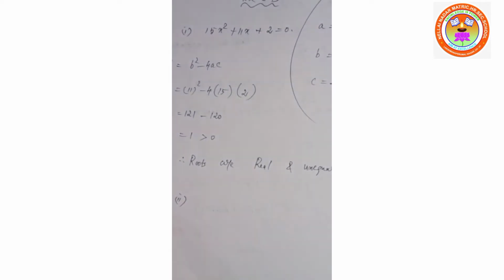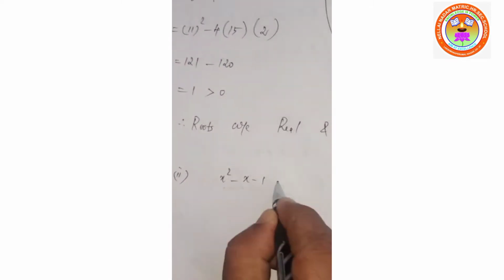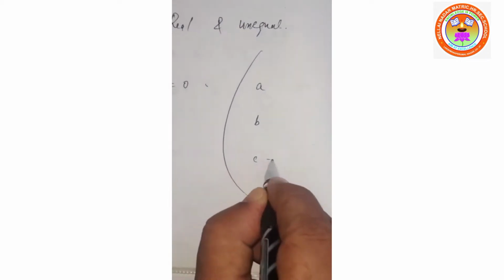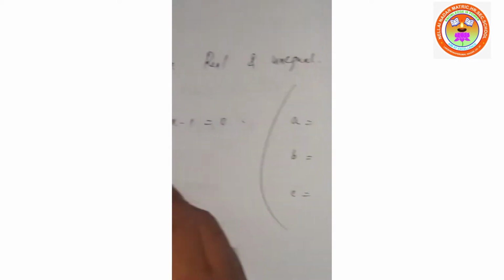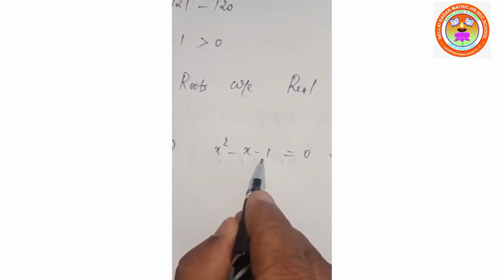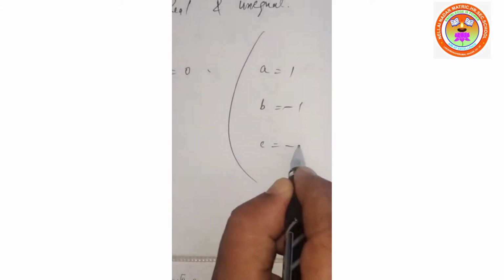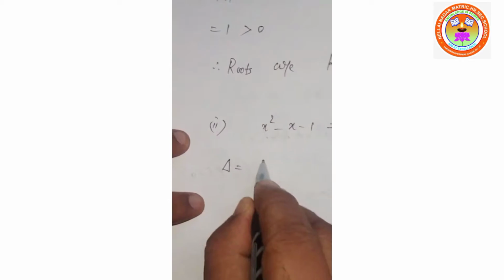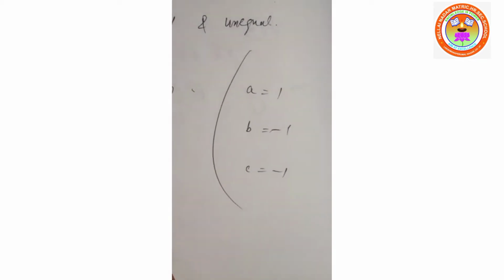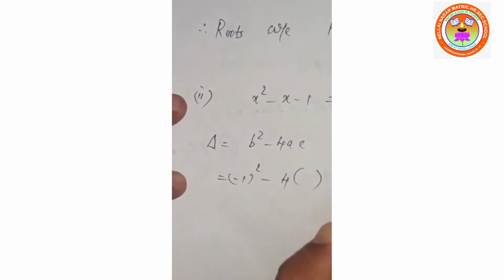Now subdivision number 2: x squared minus x minus 1 equals 0. Write a, b, c first. The coefficient of x squared is a, that is 1, the x coefficient is minus 1, that is b, and c is minus 1. So 1, minus 1, minus 1. Then find out delta, the formula b squared minus 4ac. b is minus 1, the whole square, minus 4 into a value into c value.